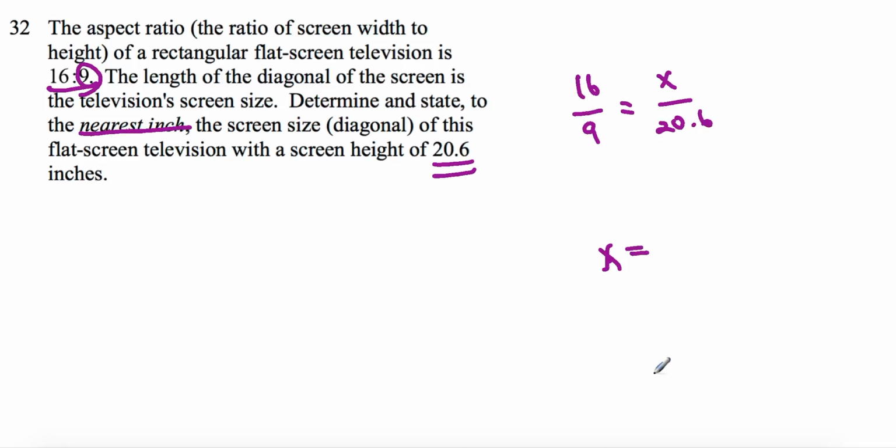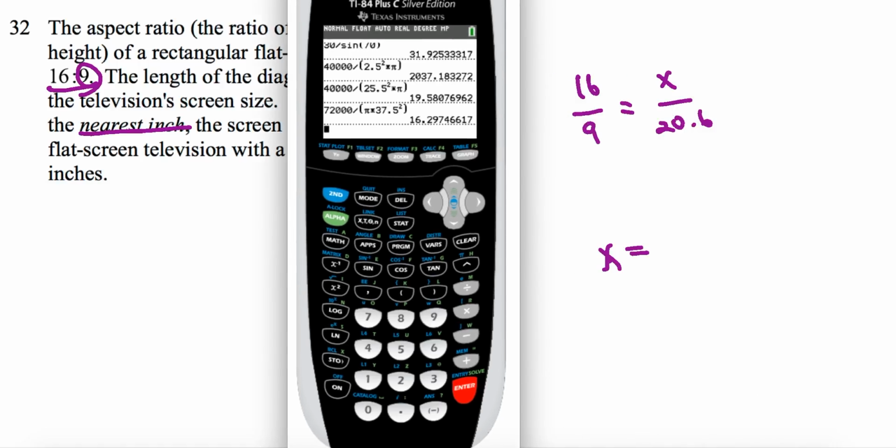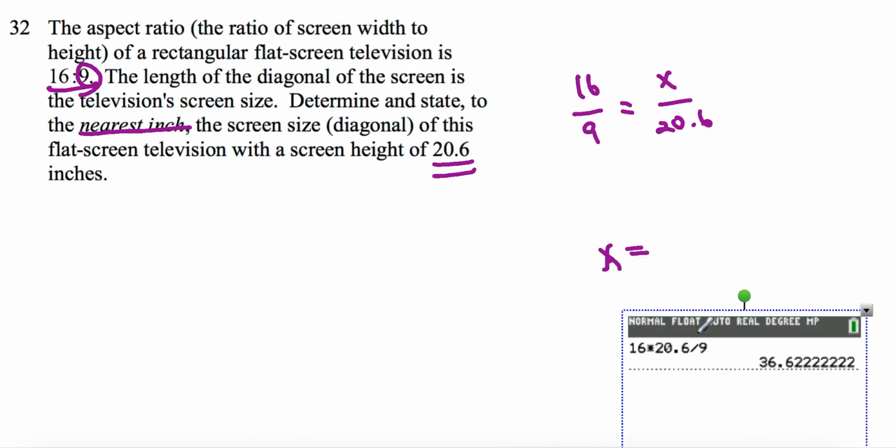So x becomes 16 times 20.6 divided by 9. That gives 36.6. But they want you to do the nearest inch.